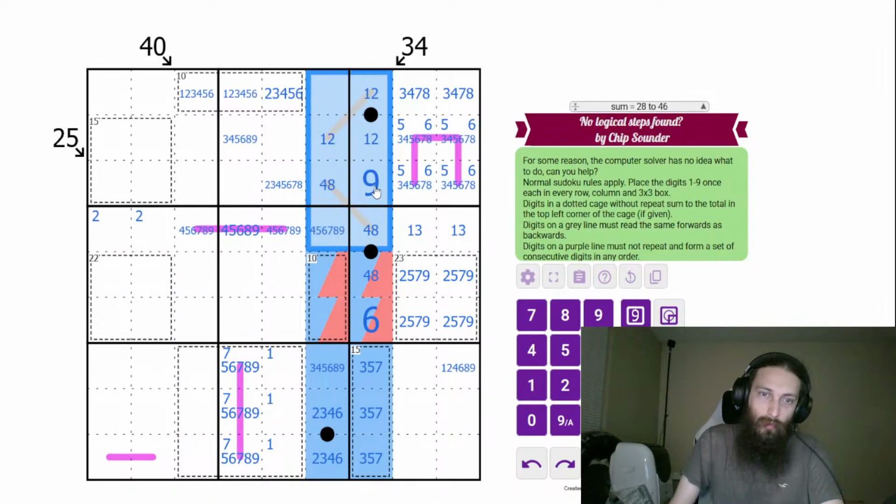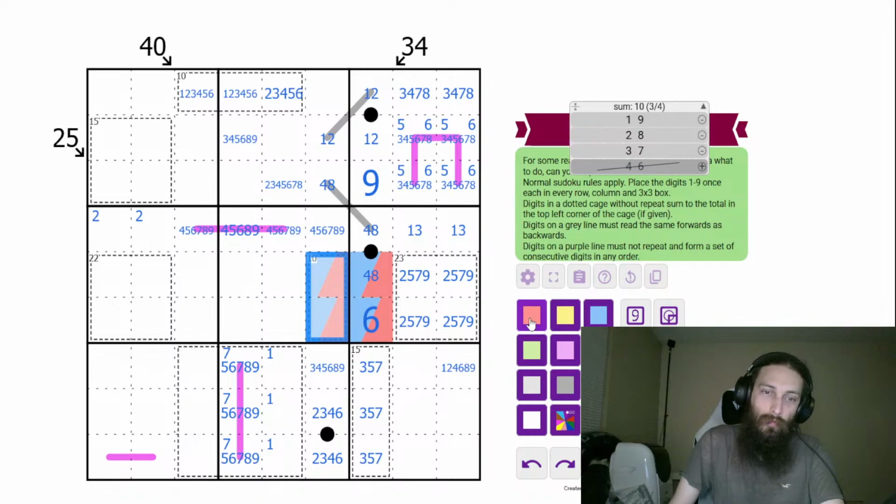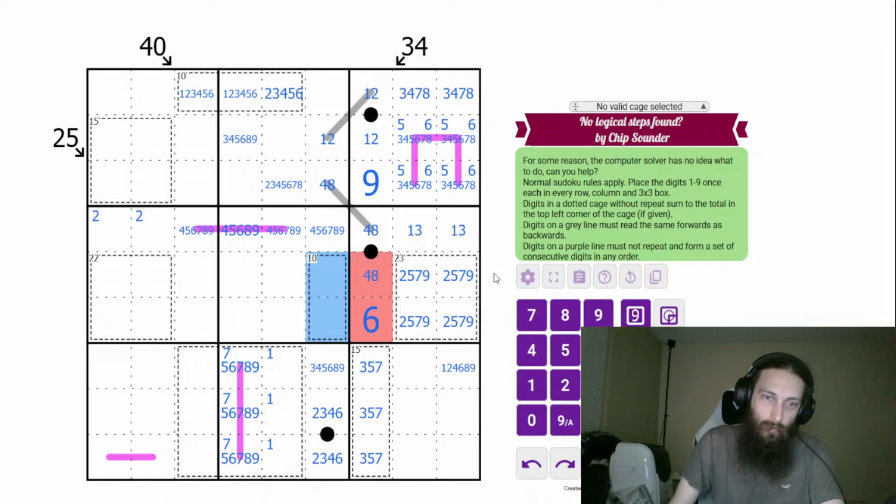So this removes the same from both groups. So if I remove red, do I remove blue?